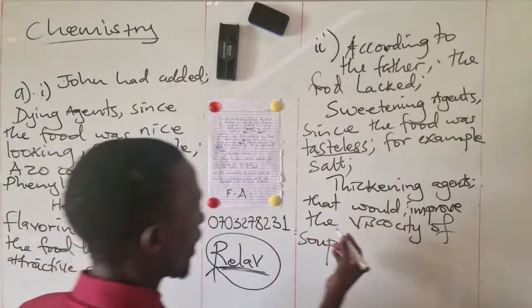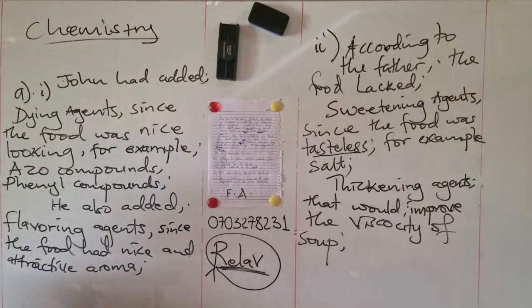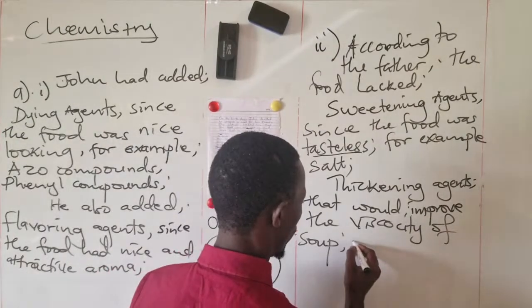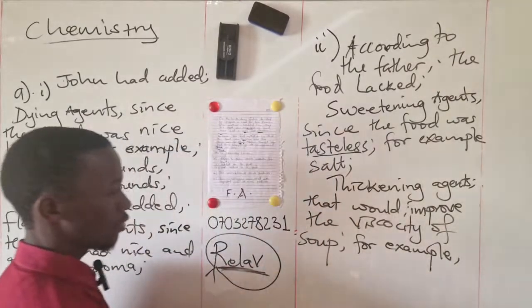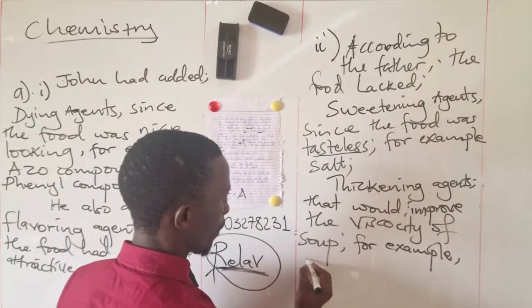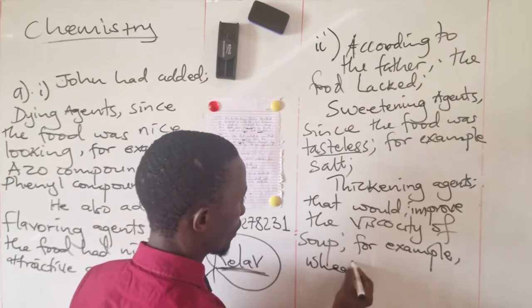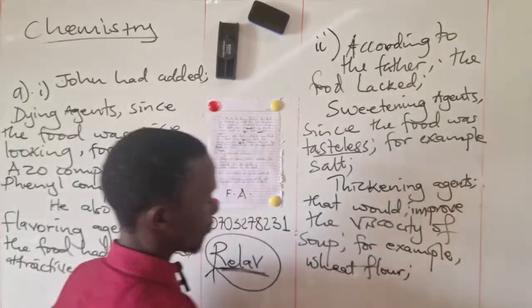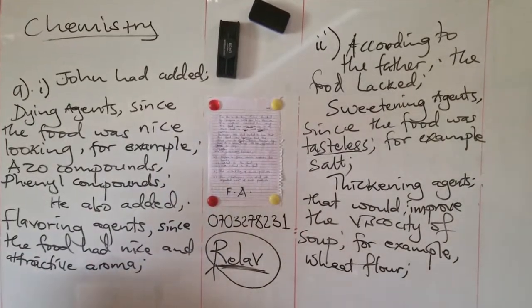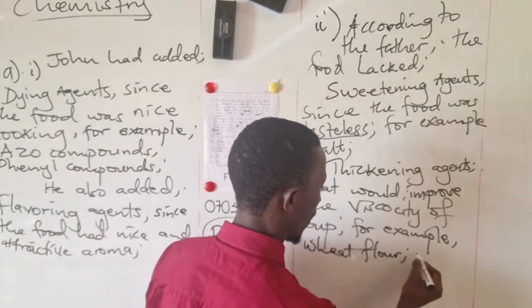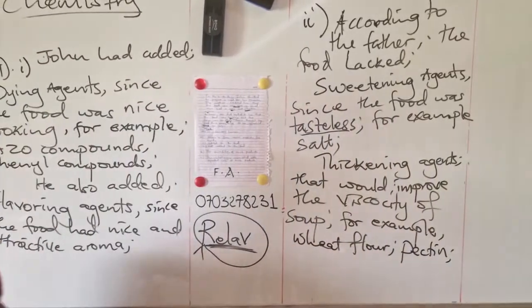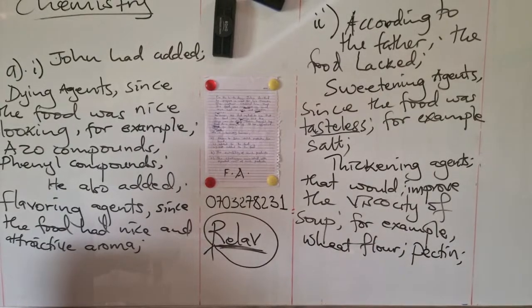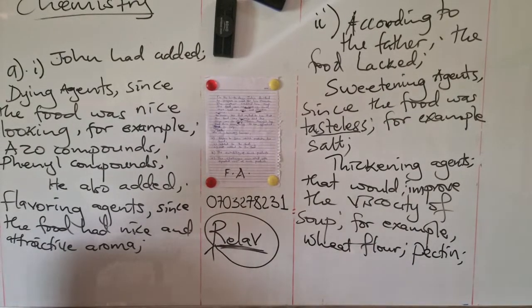You can go on and give examples of these thickening agents. You can give the likes of wheat flour or the starch powders. You can go on and give pectin. The thickening agents you've ever heard about.